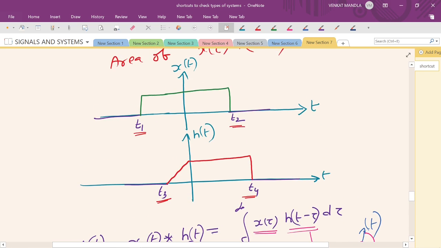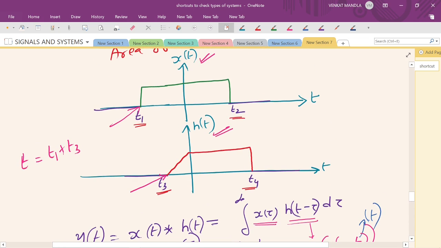This is x of t, which has lower limit t1. This is h of t, which has lower limit t3. If you choose t such that it is the sum of these lower limits, t1 plus t3, that is the leftmost point of the output y of t.